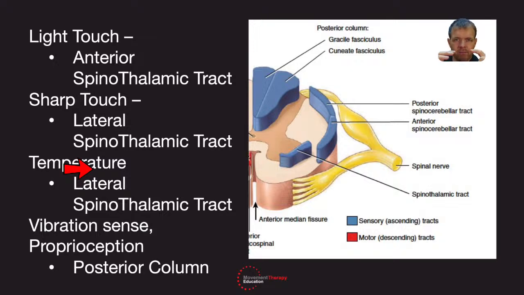If we're doing a test like that, the points at which there could be a problem could be that you're not pressing hard enough to stimulate those receptors, or you're pressing too hard. They may have a loss of sensation in the skin in that area, so they don't feel it. So it's a skin problem.